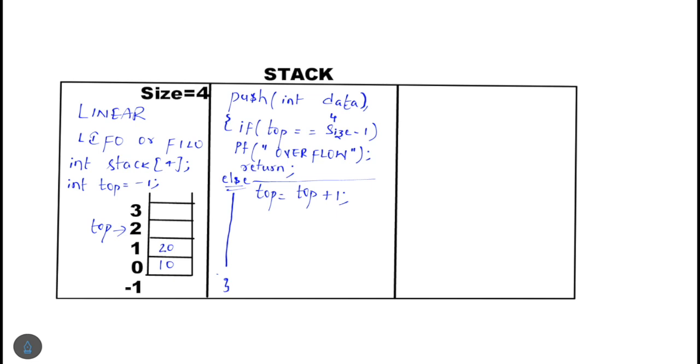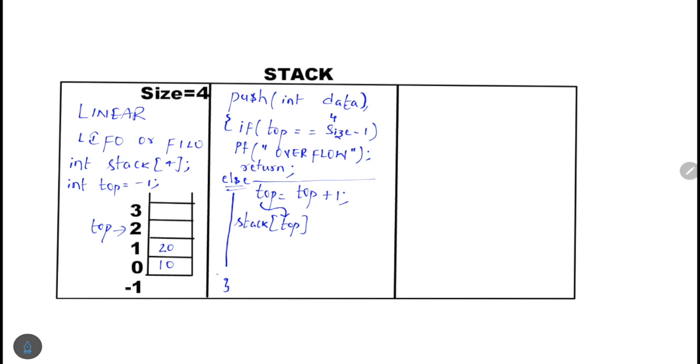So how can you write the code for that? Inside the updated top position means inside the stack of top. We have already taken an array, right? Stack of 4. So inside the stack array, the updated top position that we have previously mentioned, top = top + 1, represents the updated top position.